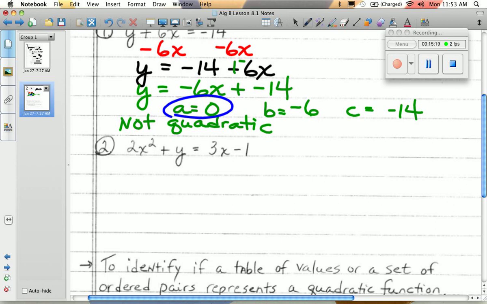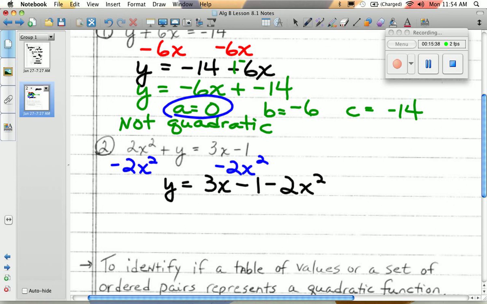Is y by itself? No, so we're going to subtract 2x squared from both sides. Now we have y by itself, and we have 3x minus 1, minus that 2x squared. In other words, we're just going to write it horizontally now.